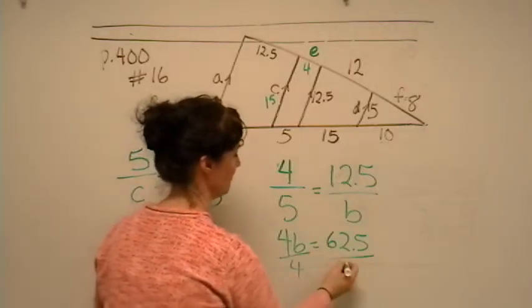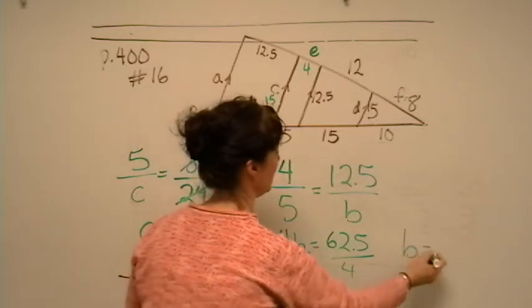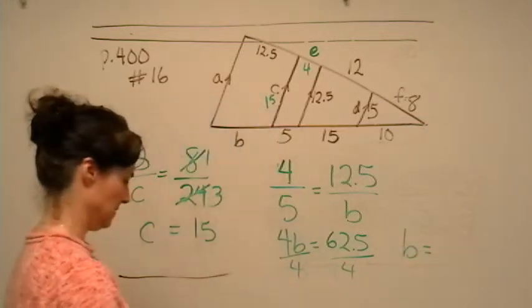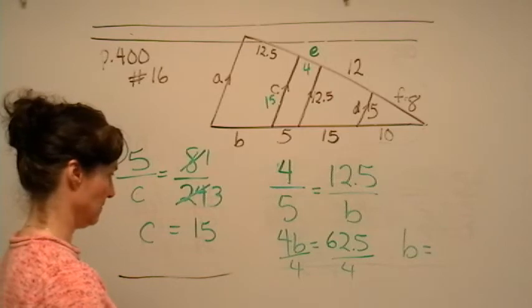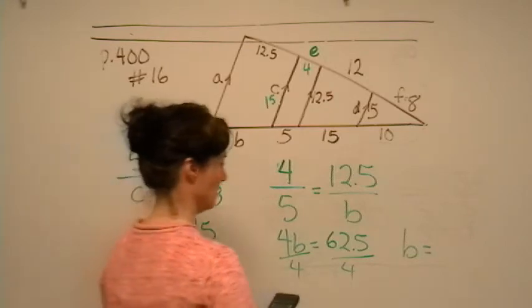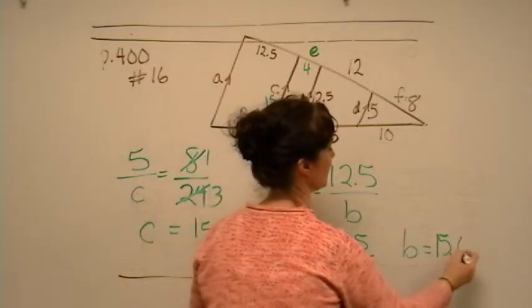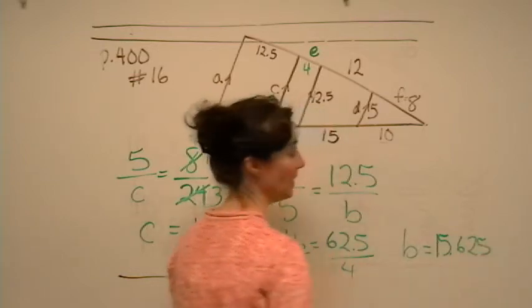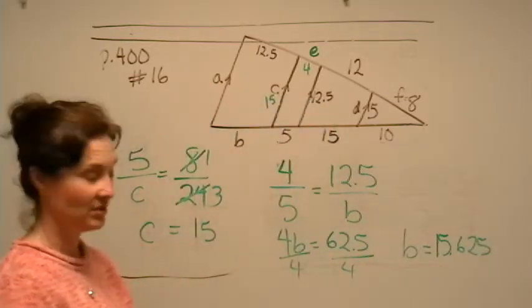Divide both sides by 4, and we get B equals 15.625. And go ahead and carry that all the way out.